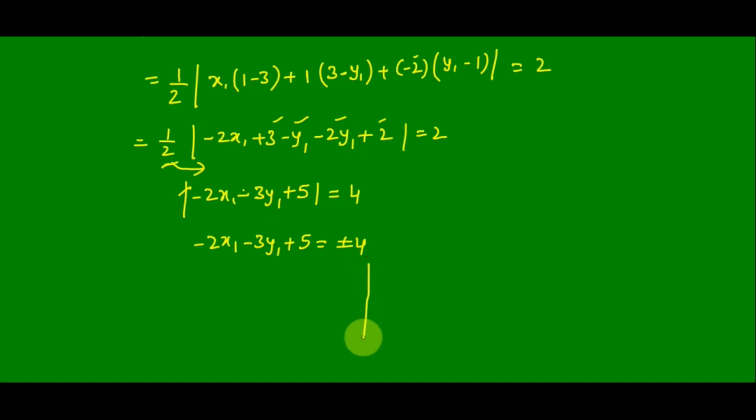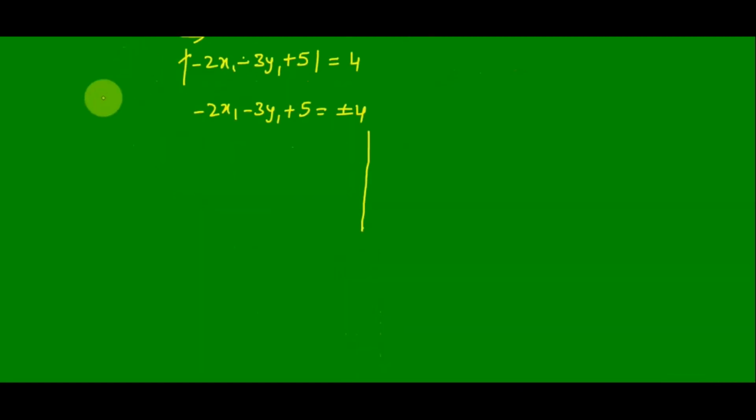One time we'll take plus 4 and the other time we'll take minus 4. If I take plus 4, here -2x1 - 3y1 + 5, and this plus 4 when it comes to this side becomes minus 4, equal to 0. Now we'll take minus 4: -2x1 - 3y1 + 5, when this minus 4 comes inside, it becomes plus 4, equal to 0.